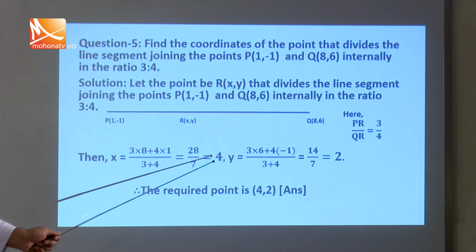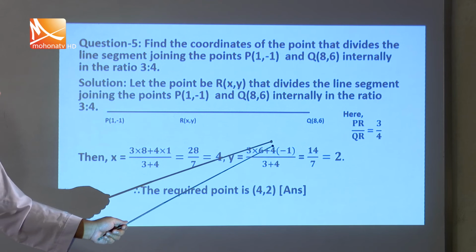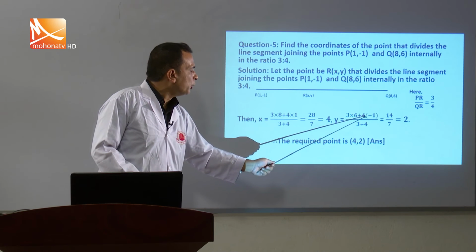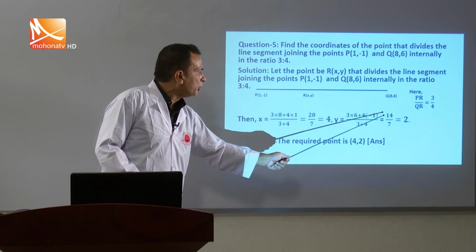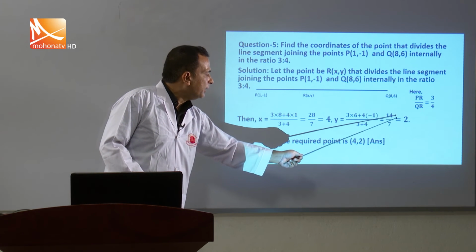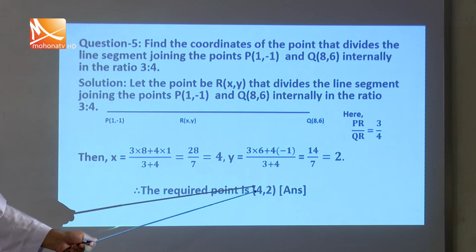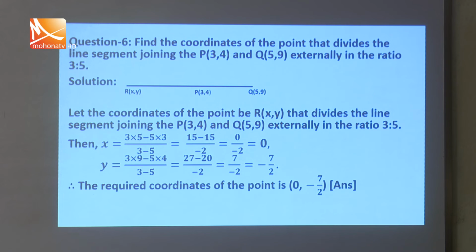Ultimately its result will be 4. Then y equals (m1 y2 plus m2 y1) by (m1 plus m2). So it will be 3 into 6 plus 4 into minus 1, by 3 plus 4. By calculation we get 14 by 7, which means 2. So the required point is (4, 2). This is the answer.